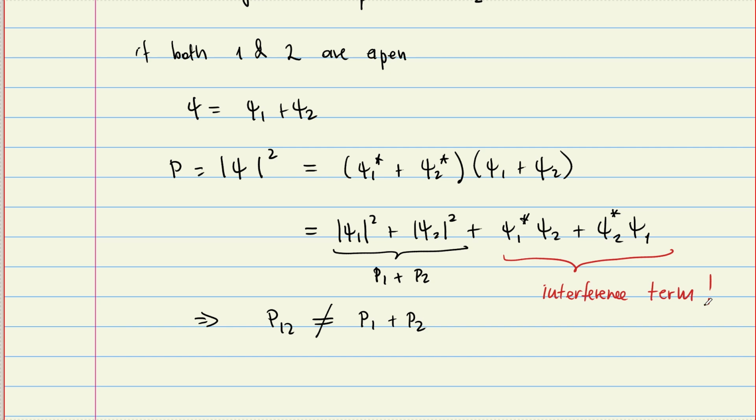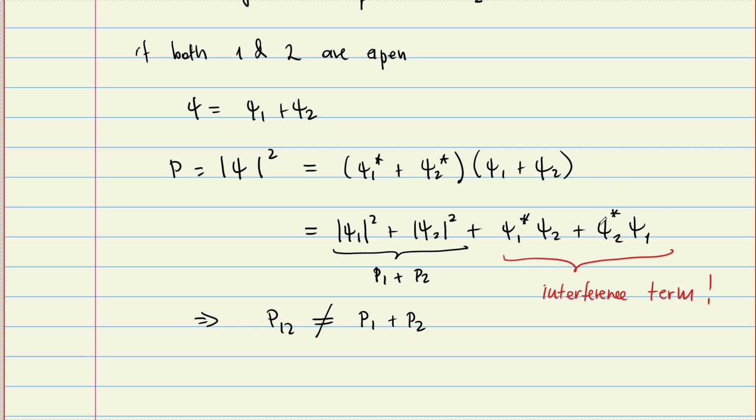Any questions? Can you explain why P12 is not equal to P1 plus P2? Because when both slits are open, the wave function is this, right? And the probability to hit a point on the screen is the absolute value squared of the wave function. And if I do that calculation, I have the absolute value squared of 1, the absolute value squared of 2, plus an additional term.